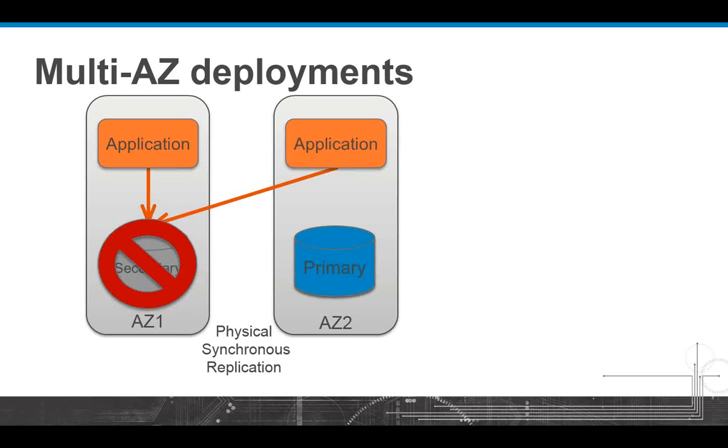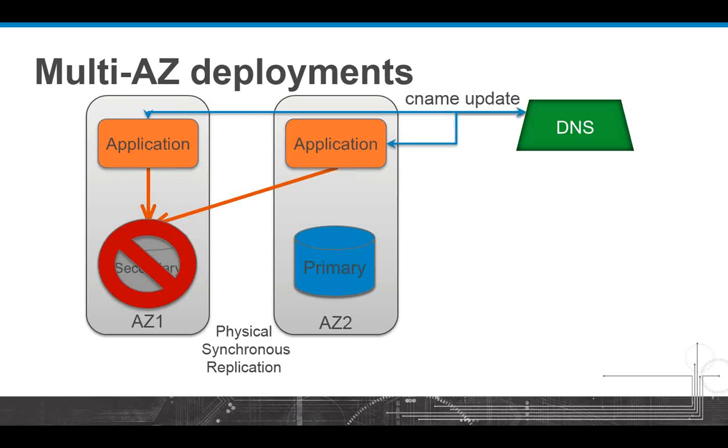So in case of a failure, whether it's at the network level or hardware level, Amazon RDS detects that failure and fails over to the secondary instance in a different availability zone. So the applications need not be reconfigured. What we do is we update the CNAME corresponding to your database instance so that the DNS record points to the secondary instance instead of the primary instance.